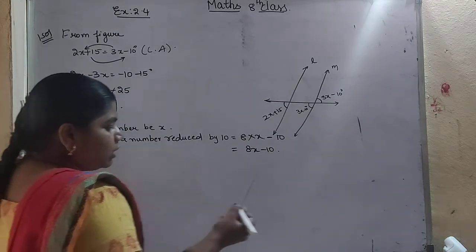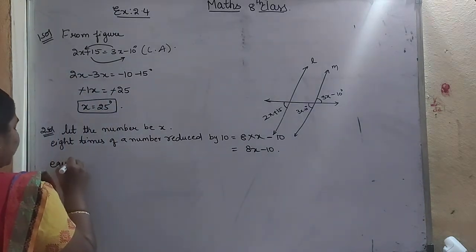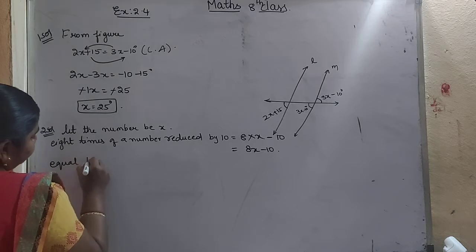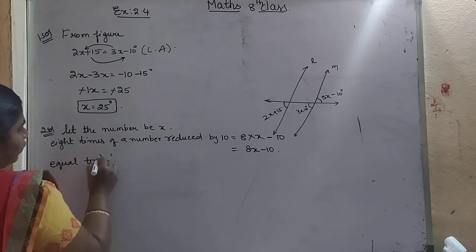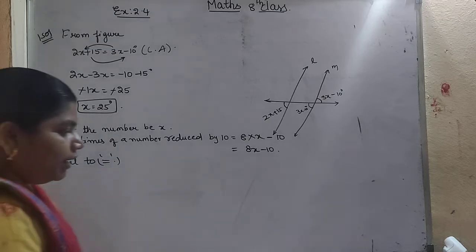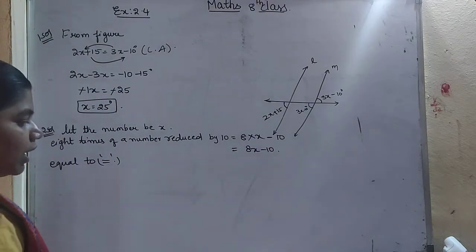Okay, so is equals to, they told. Equals to means we have to keep the equals to symbol. Next is sum of 6 times a number and 4.